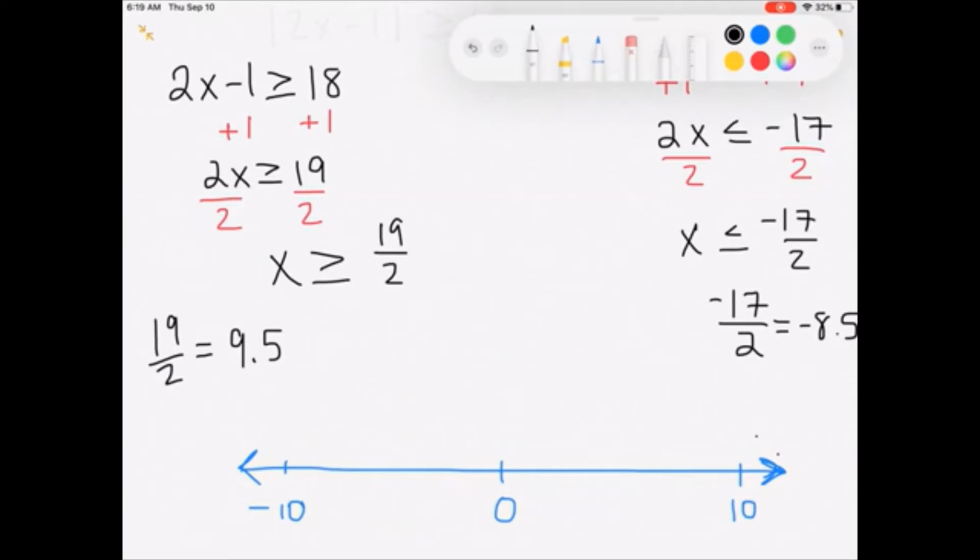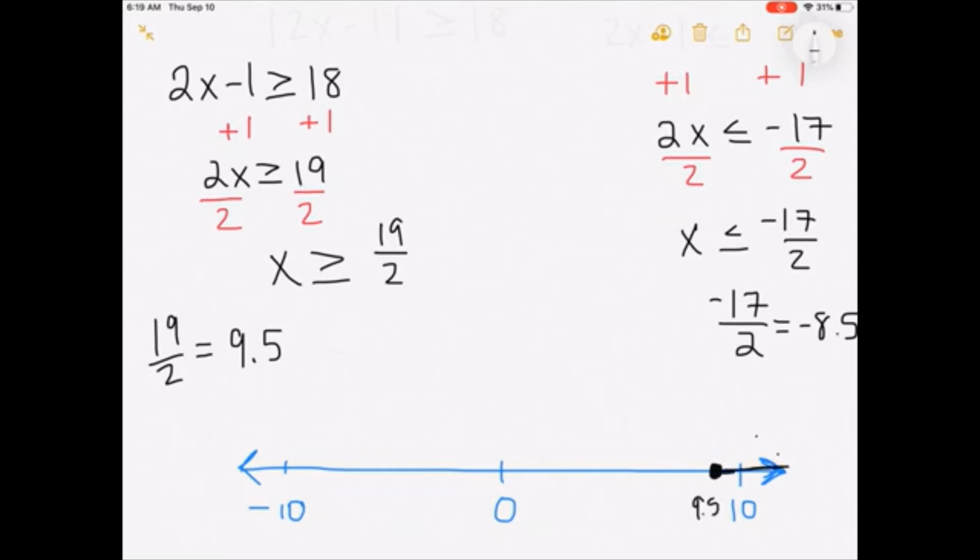So we have x is greater than or equal to 9.5, right? Let's say that's right about here, close to 10. So I know it goes from 9.5, which I will write down here to indicate, and it goes all the way over, right?